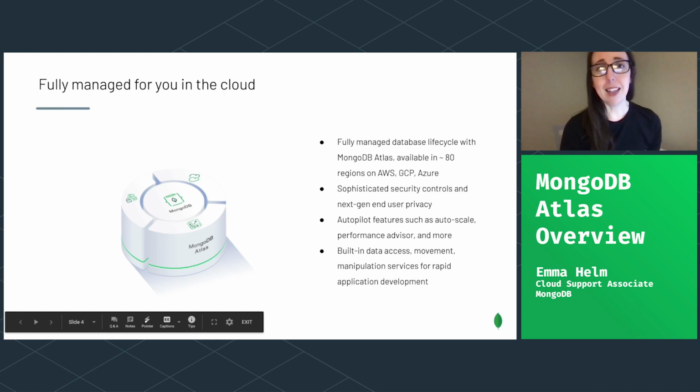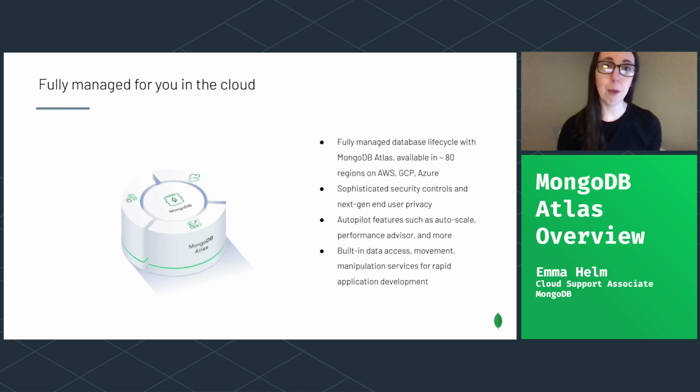With MongoDB Atlas, we delivered the database as a fully managed cloud service in top regions across AWS, GCP, and Azure. MongoDB Atlas is the core of MongoDB Cloud. So with Atlas, the entire database lifecycle is fully managed. That means continuous availability, monitoring, backup, automation, and upgrades. We'll take care of all of that for the customers.